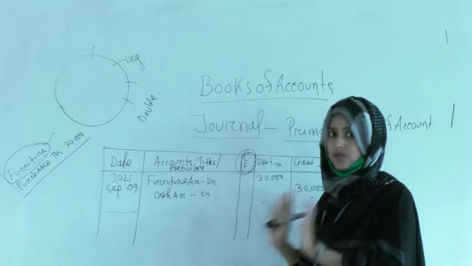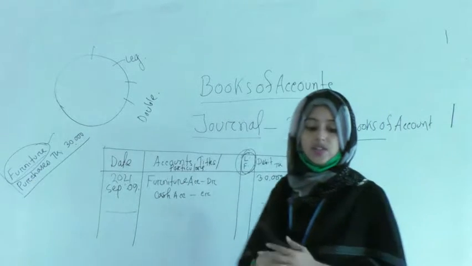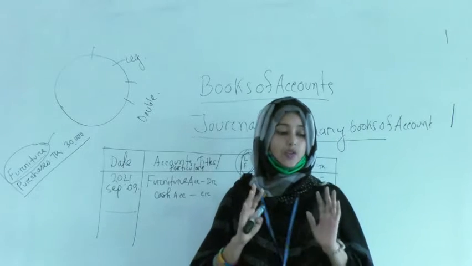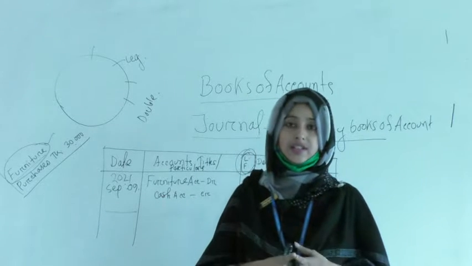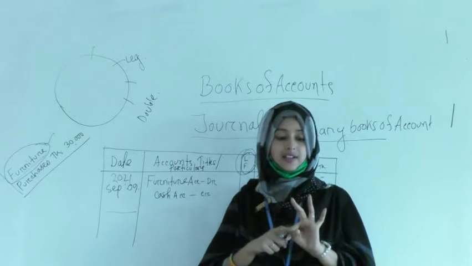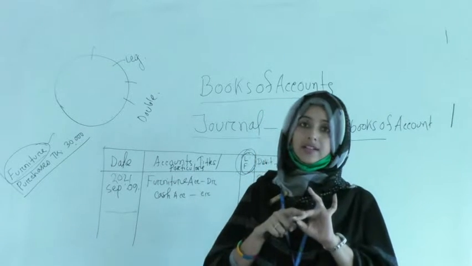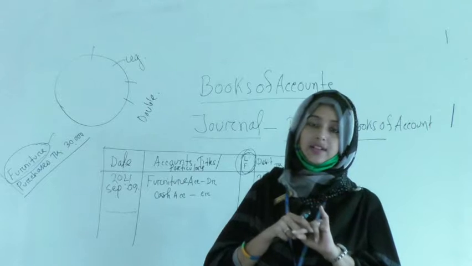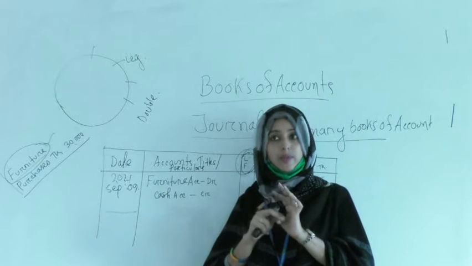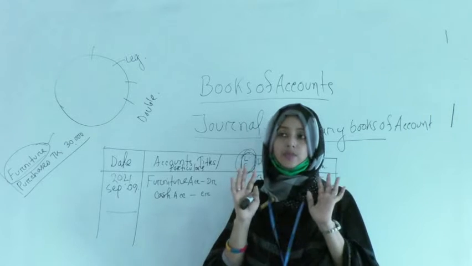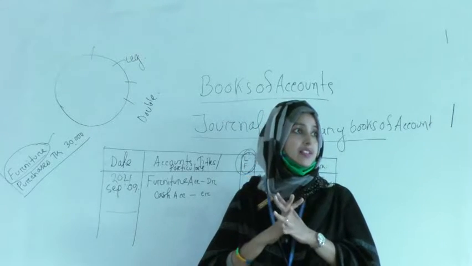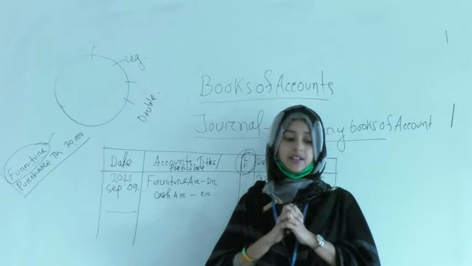This is so normal. And what is called a special journal? There are 7 categories of special journal: purchase journal, sales journal, purchase return journal, sales return journal, cash receipt journal, cash payment journal and journal proper.